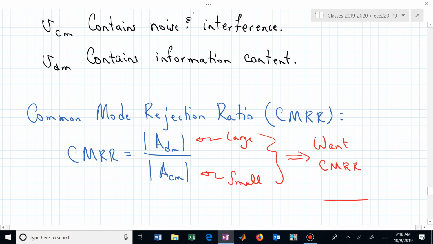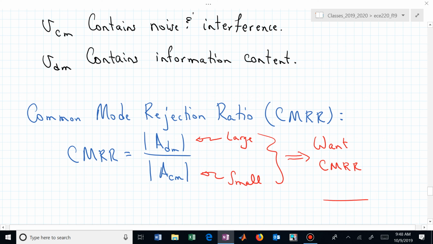difference amplifier implementation. And I know you want more letters to text, so I've given you CMRR, common mode rejection ratio. That's the ratio of these two gains, the differential mode gain and the common mode gain.